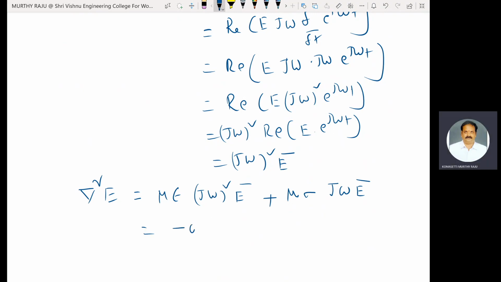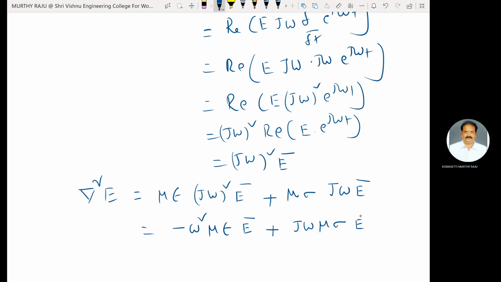This one is minus omega square mu epsilon E bar plus j omega mu sigma E bar.